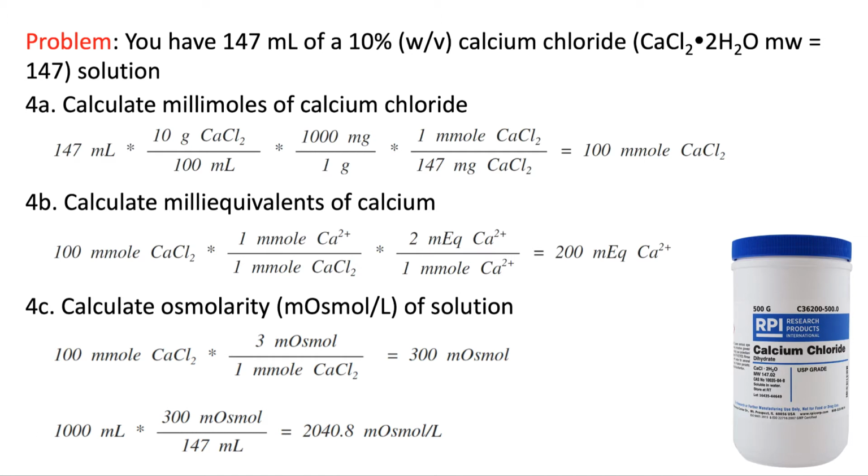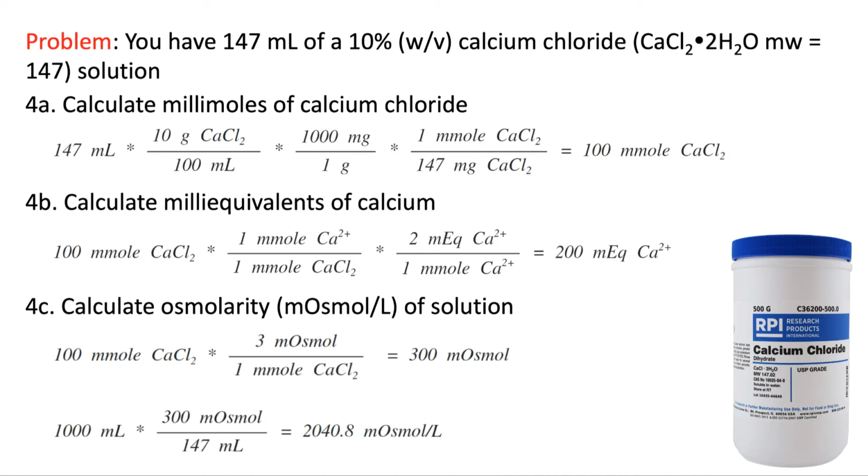But be careful here on this question. It wants to express the osmolarity, which is the milliosmoles per liter. So what we need to do is say, okay, if we had 1,000 milliliters, so we'll start with 1,000 milliliters, times the concentration we just determined, which was that you get 300 milliosmoles for 147 milliliters. I'll remind you that 300 milliosmoles represented the amount of milliosmoles from 100 millimoles, and 100 millimoles is what you get from 147 milliliters.